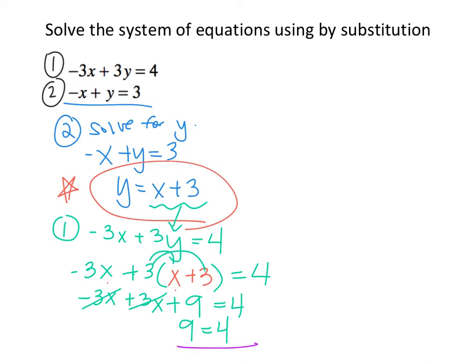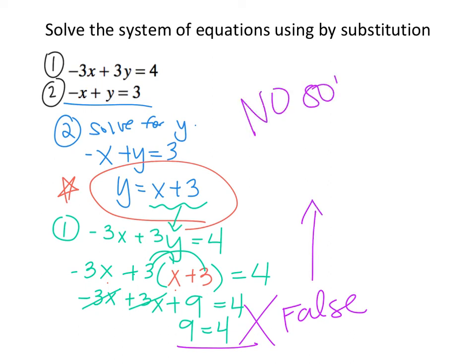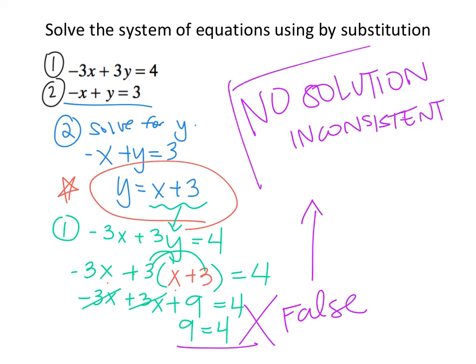And obviously this is false, right? So since it is false, I can say that there is no solution. And since there is no solution, this system is inconsistent. Again, you have to indicate that it is inconsistent. So this is your actual answer that you'll be writing on the paper.